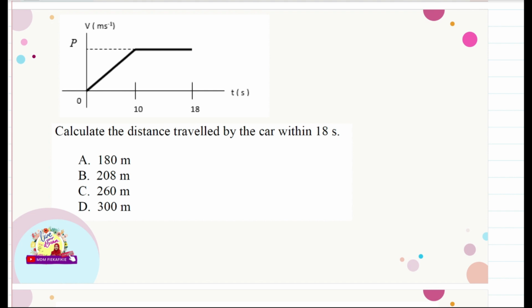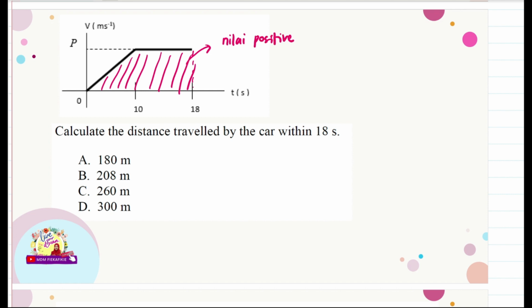So this is very simple. Okay, so kita ada VT graph. So the area under the graph here akan bagi you nilai distance ataupun displacement. Kenapa saya kata distance ataupun displacement? So, kalau you tengok area under the graph ini, bila you kira, you akan dapat nilai positif.